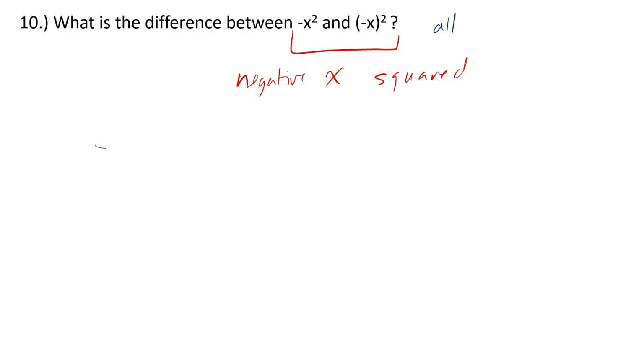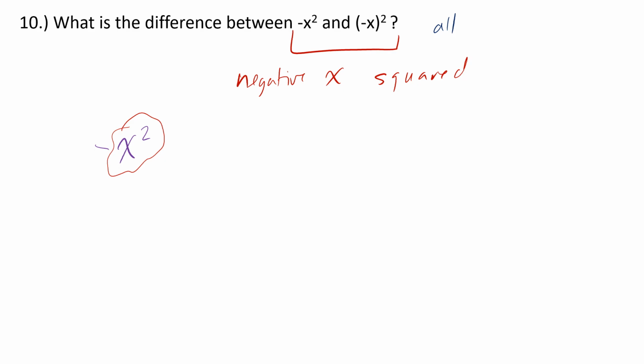Okay, so the first one, -x squared, the negative here only goes with the x, and the squared there only goes with the x. And that goes back to an earlier video where we talk about what the exponent goes with. It only goes with the thing immediately to its left. And so the squared only goes with the x.